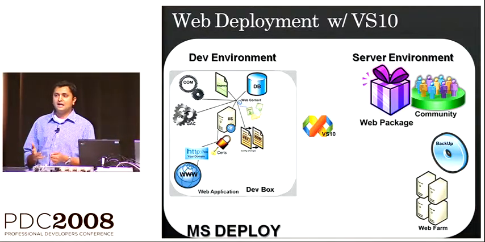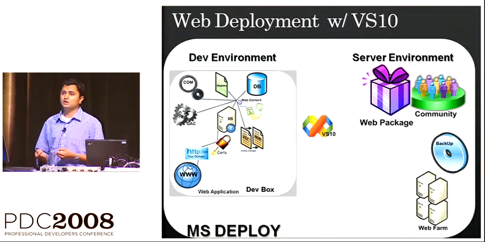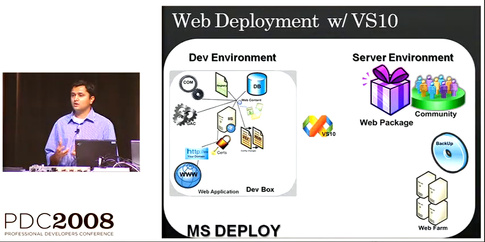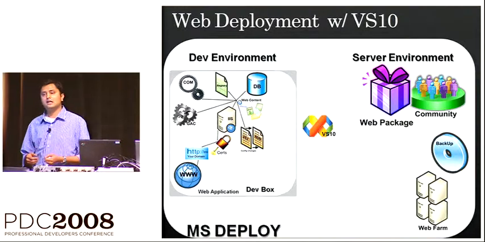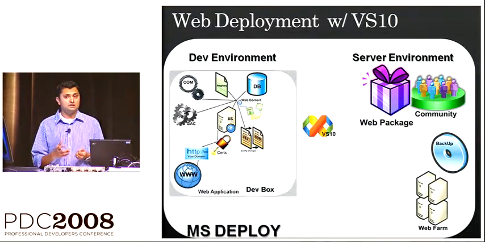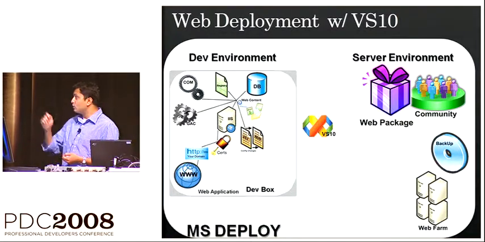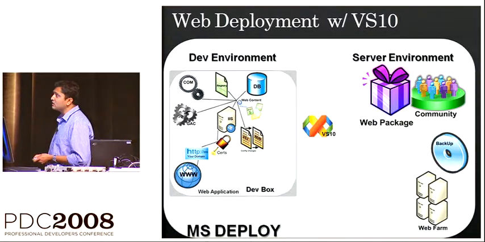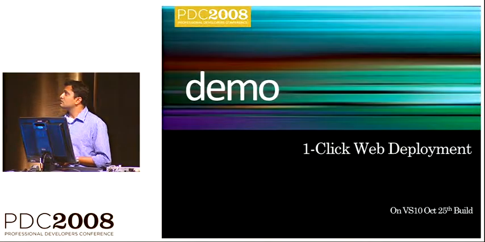But the web package that we are talking about is essentially a zip file or a folder which contains everything that your web needs to run. It will contain your DB scripts, it will contain your files, it will contain your settings. Everything that you need to run your application is going to go inside that package, and it's going to be zipped up.